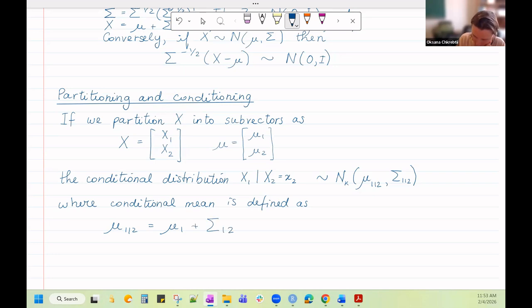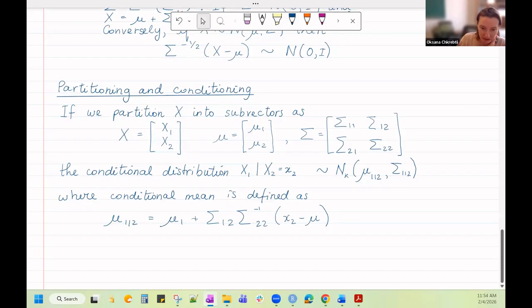Now this is going to be the sigma submatrix corresponding to the covariance between the first and the second x. That's going to be the conditional mean.